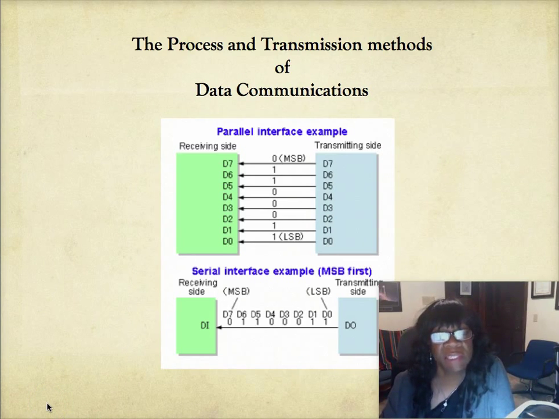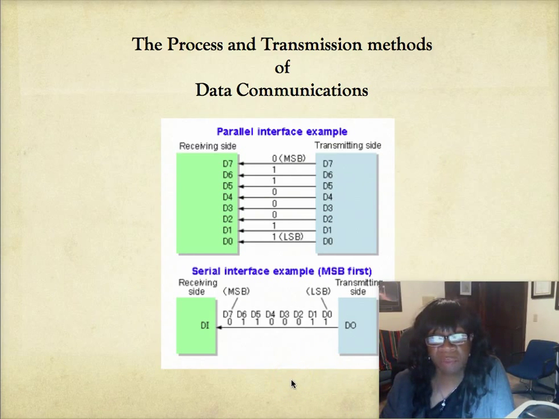We will next examine the process and transmission methods of data communications. There are two types of transmission methods used for sending digital communication from one station to another: serial transmission and parallel transmission. In serial transmission, the information is transmitted one bit at a time over one wire.